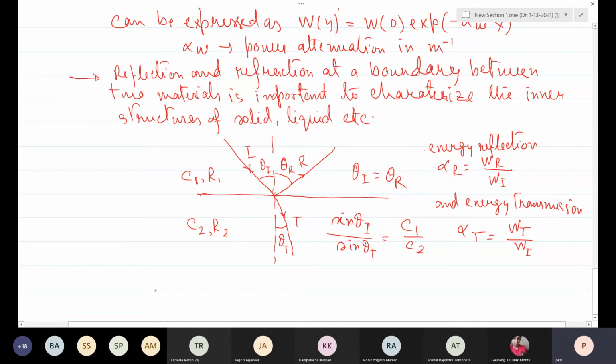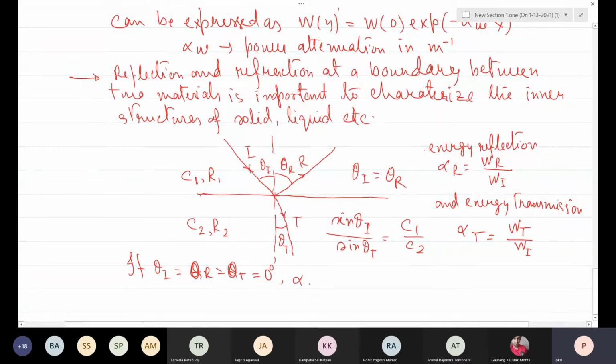However, if the angles become zero, theta I equal to theta t equal to 0 degree, that means the ray is incident perpendicularly along this perpendicular bisector.